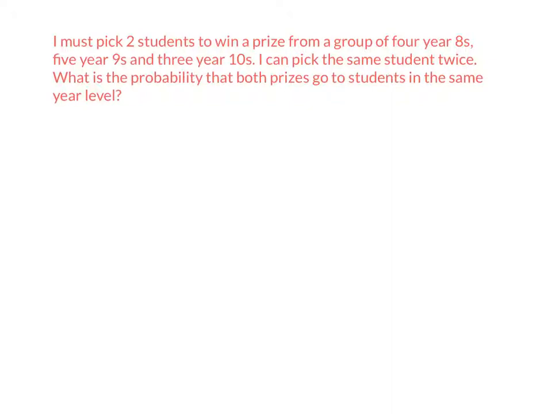So what I'm really asking is, what's the probability that I pick 2 Year 8 students to win the prize, or 2 Year 9 students, or 2 Year 10 students to win the prize? Because these are mutually exclusive, I can't pick 2 Year 8 students and 2 Year 9 students, because I'm only picking 2 students all up.